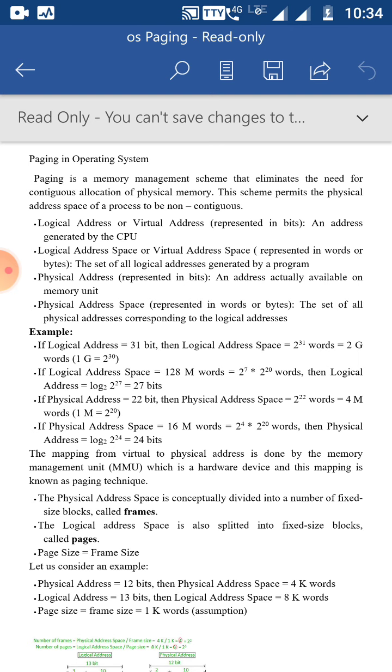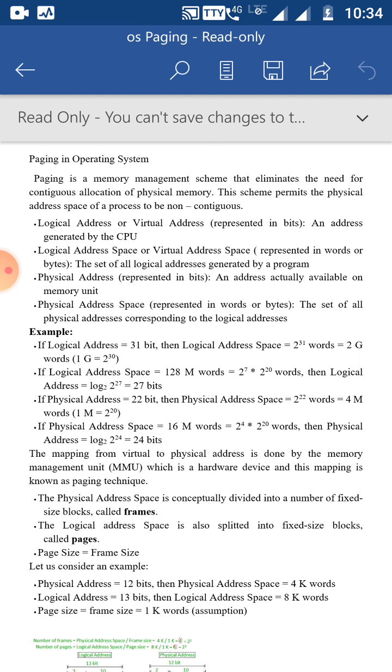Very clear? In the paging technique, instead of loading the entire program, only a small portion which is required for execution is loaded. With this knowledge, let us understand paging.